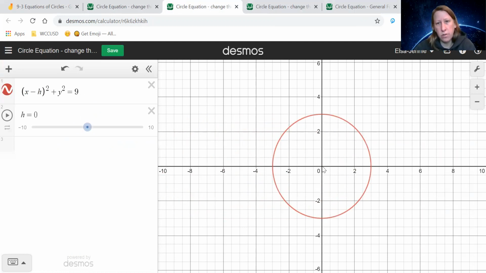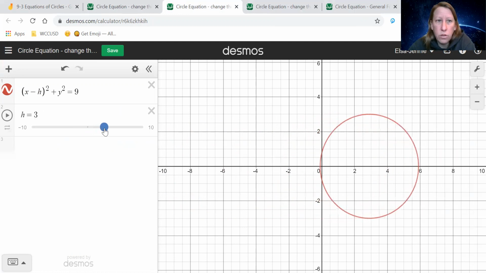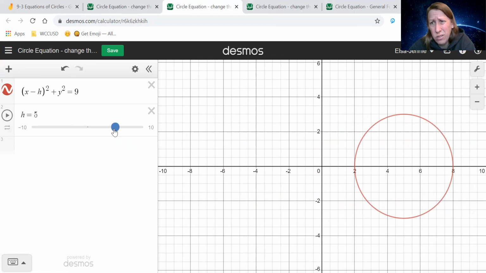Notice the circle has a center at 0, 0. What's the radius of this circle? 1, 2, 3. Because 3 squared is 9. Now I'm going to drag this around. So I'm going to make H equal 5. Which way did it go?